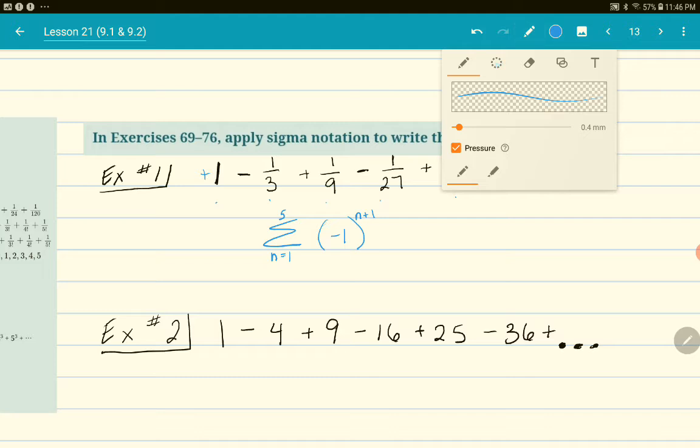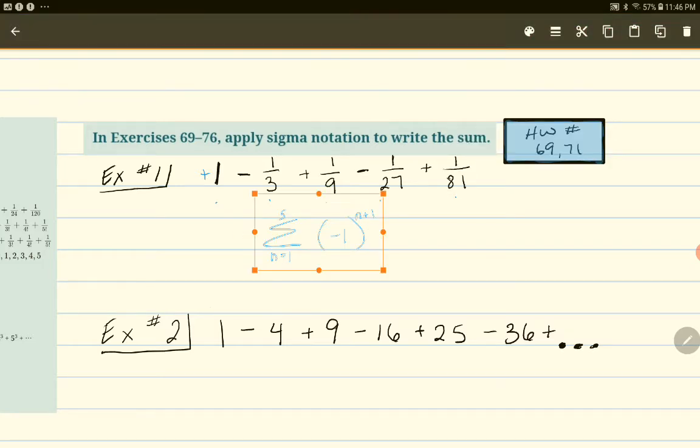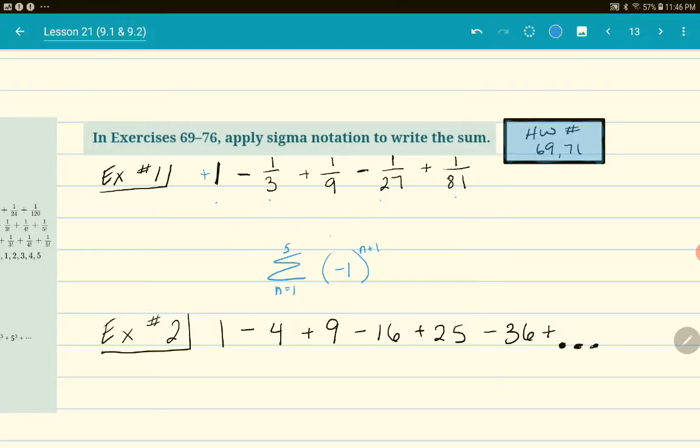Actually, I'm going to scoot my sum down a little bit so I can think about these n values. So here, n equals 1, n equals 2, n equals 3. It's hard to find a relationship between the 2 to 3 and the 3 to the 9, but I do see something else that might work.